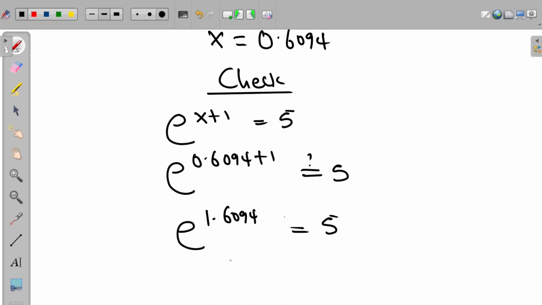If you punch your calculator, we have that e raised to the power of 1.6094 is equal to 4.99998, which is approximately equal to 5.